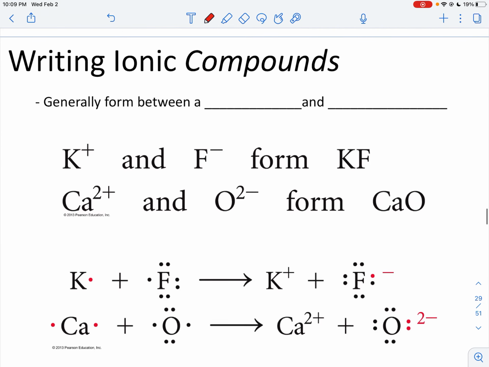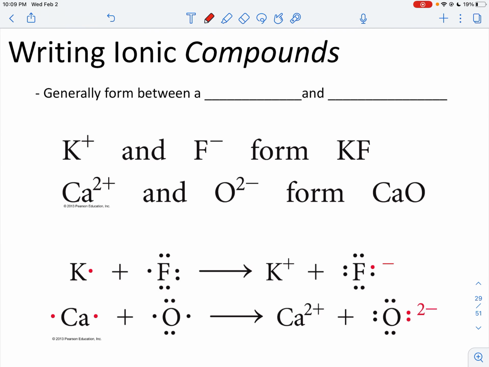Okay, so now let's get into writing not just ions now, but compounds, okay? Now remember, a compound is when you join together multiple elements. We're no longer dealing with just a unique element, but instead a compound. And ionic compounds, specifically, generally form between a metal and a nonmetal.